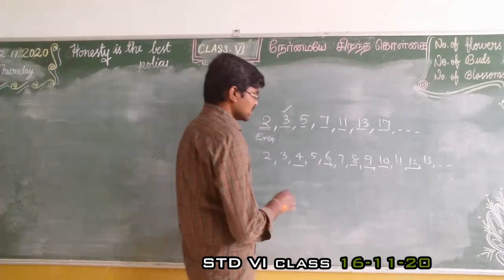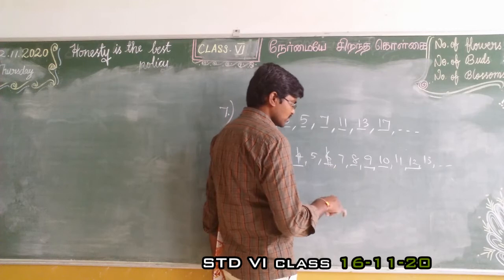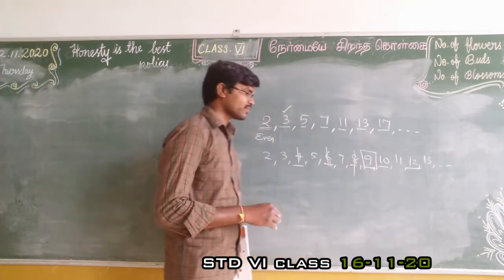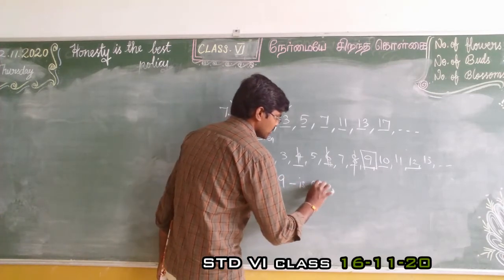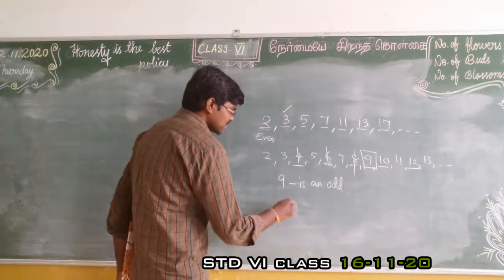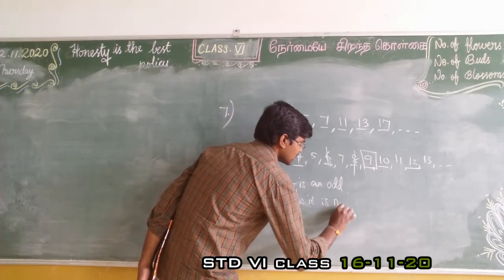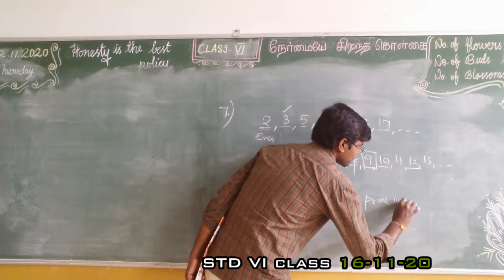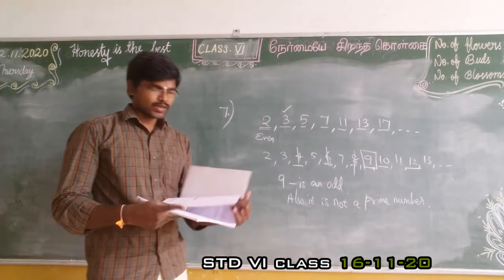These are not odd numbers, but see here, 9. 9 is an odd number, but it is not a prime number. Am I right or wrong?